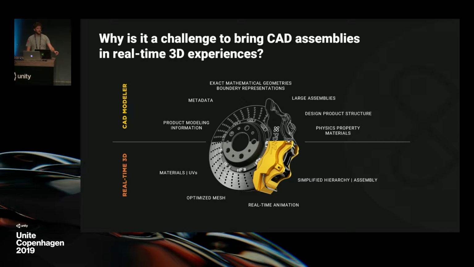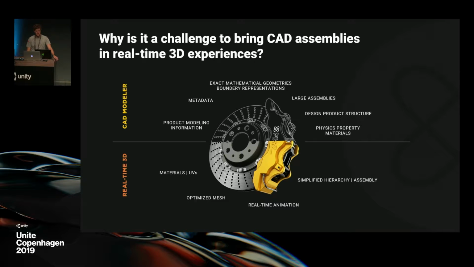So first, a little bit about CAD, because it's important. Nowadays, CAD models are everywhere, because almost any manufactured product today is primarily designed in a CAD solution like CATIA or NX or Alias in this case. But it's not that easy to turn CAD models into real-time visualization material, in particular large CAD assemblies.